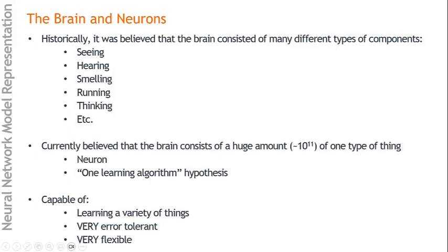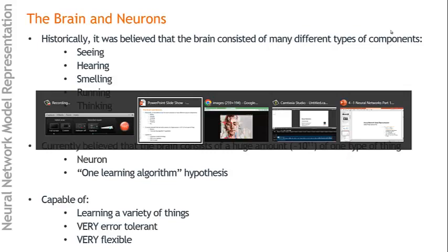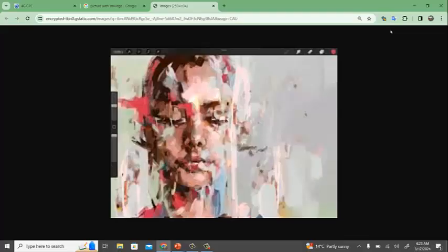The neuron is the basis for all of these functions. Neurons are capable of learning a variety of things. They're very error tolerant and very flexible. So what do we mean by error tolerant? Well, suppose you have a picture and there's a smudge on the picture. Something like this. Now, your visual system is still capable of recognizing that this is a face with some smudges.